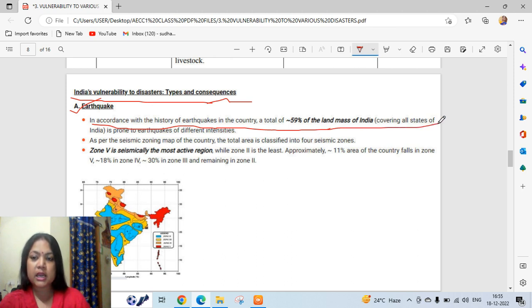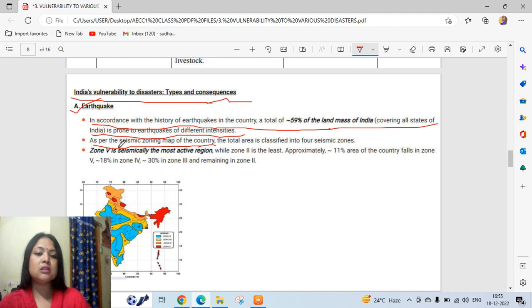In accordance with the history of earthquakes in the country, a total of 59% of the land mass of India, covering all states of India, is prone to earthquakes of different intensities. As per the seismic zoning map of the country, the branch which deals with the study of earthquakes is known as seismology, isn't it? So there are seismic zones in our country.